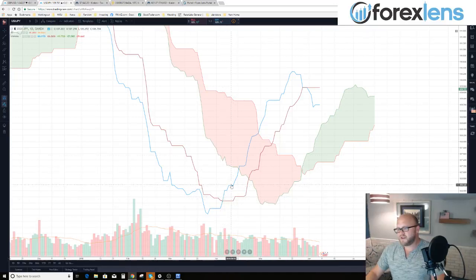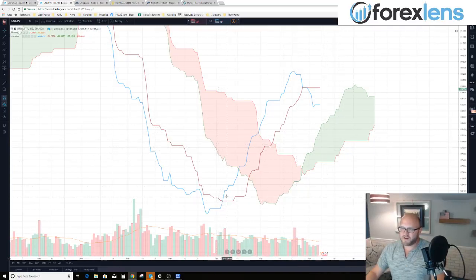These lines are thrust forward in time 52 periods. So the Senkou span, or just the leading lines, the bottom and the top of the cloud, are just the past movement of the conversion line and the baseline moved forward, and then they color the cloud in.